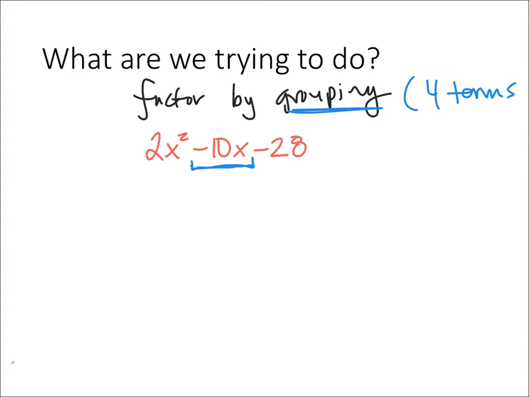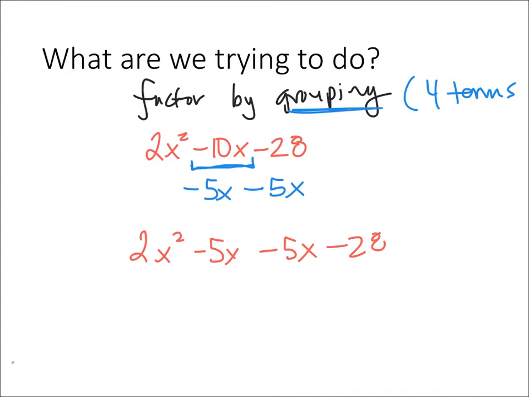So we're going to rewrite. We can think of what 2 numbers would combine to give you negative 10, and not necessarily worry too much about what we're trying to do yet. One example would be negative 5x minus 5x. If I combined those 2 terms, I would still get negative 10x. And I could rewrite this expression as 2x squared minus 5x minus 5x minus 28.